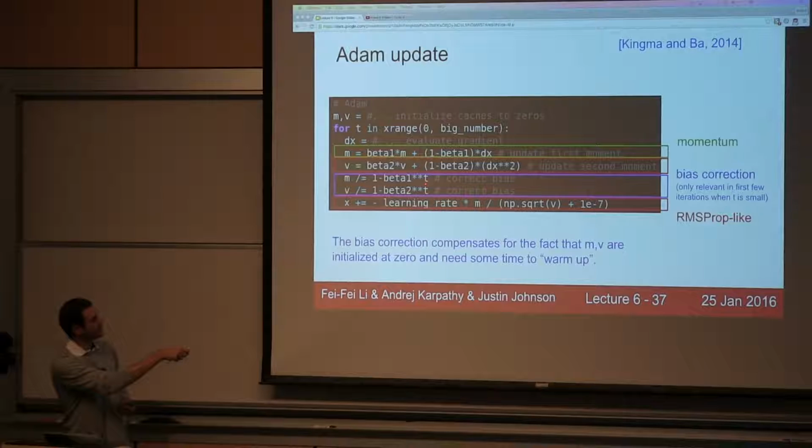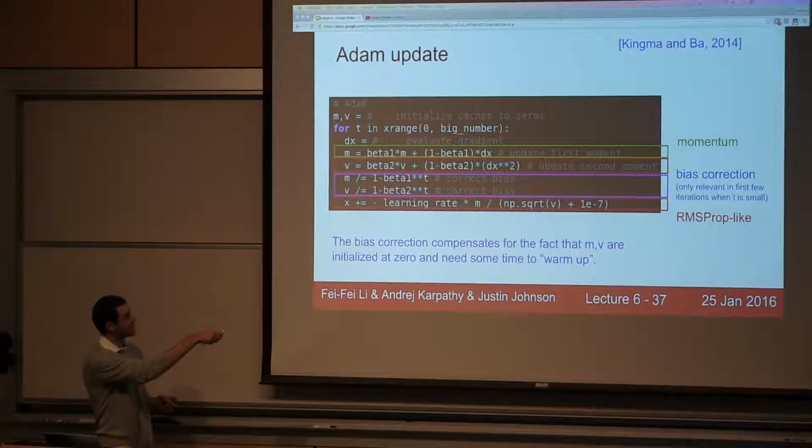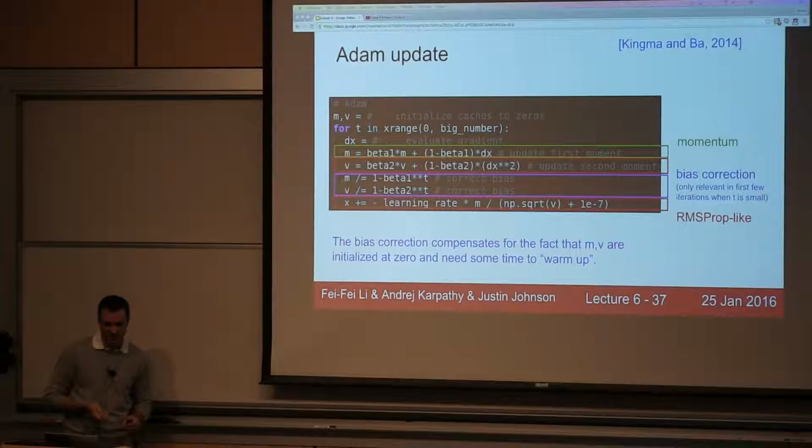This is kind of a minor point, and I don't want anyone to be confused about it too much. But basically, it's compensating for the fact that m and v are initialized at 0, so your statistics are kind of incorrect in the beginning. What it's doing is scaling up your m and v at the first few iterations, so you don't end up with a very biased estimate of the first and the second moment. So don't worry about that too much.